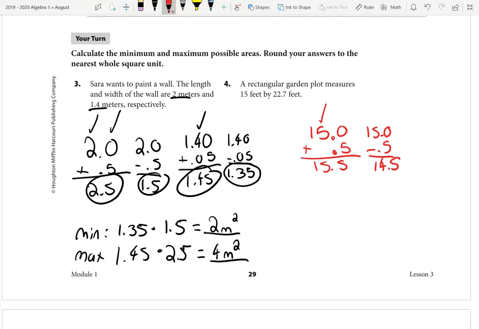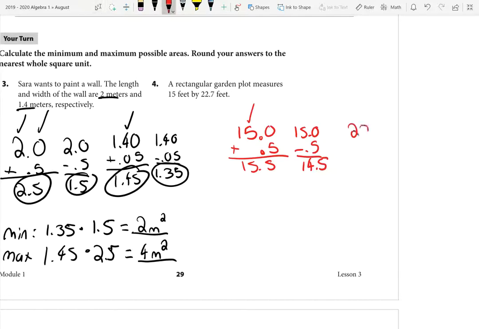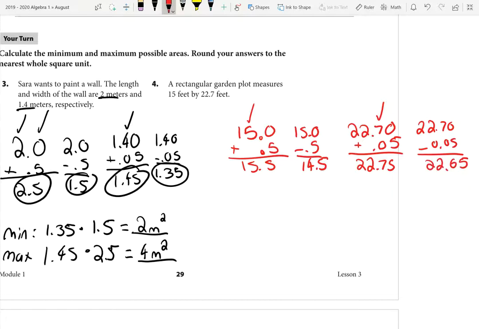There's our minimum and our maximum for the length, and now for the width, let's go a little further over. We have 22.7. So the tenths place is our last digit. We have to go one place further over, and that is where we'll put the 5 that we add or subtract. So we'll add it and have 22.75, and then we'll subtract it and have 22.65. So the minimum area would be the smaller ones multiplied together, 22.65 times 14.5.